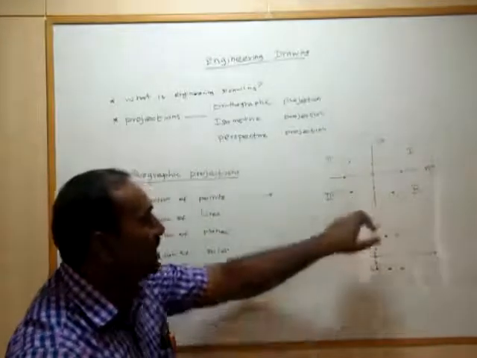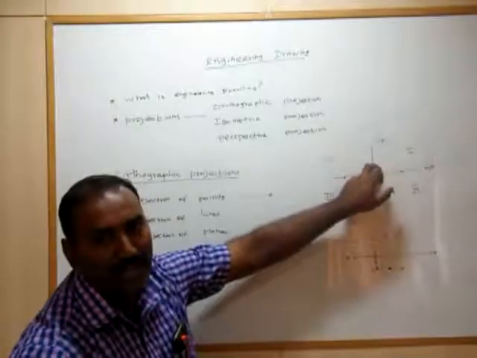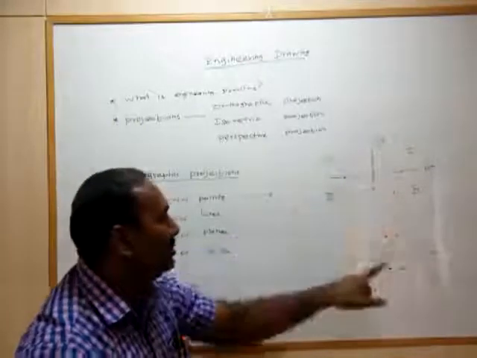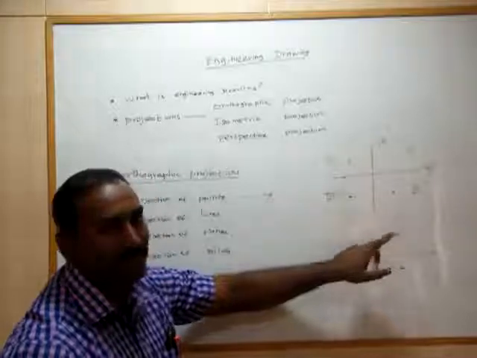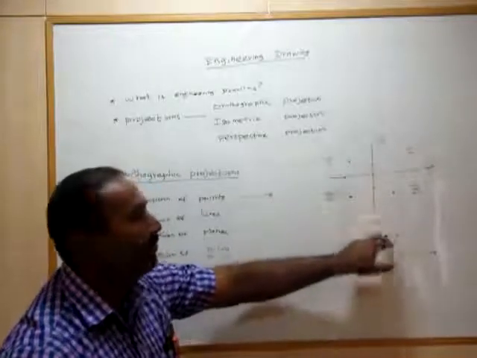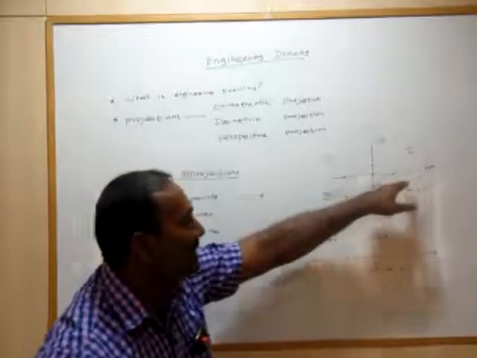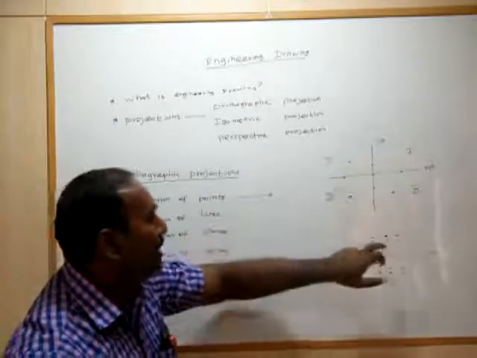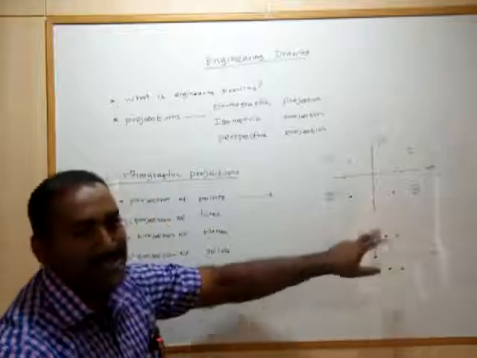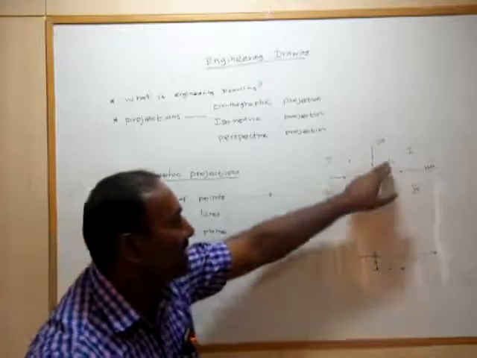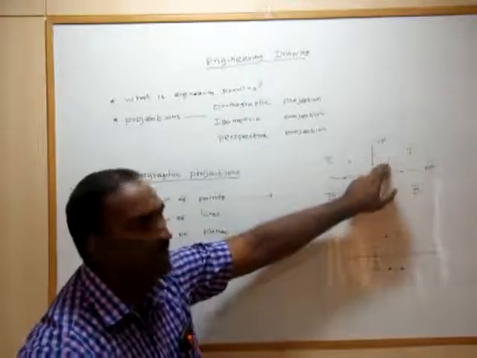So this one belongs to the first angle projection, in the first quadrant. Here the front view always lies on the vertical plane, and the top view always lies on the horizontal plane. The name of the point is A. The point A lies here in space.